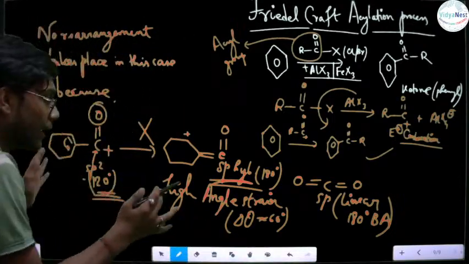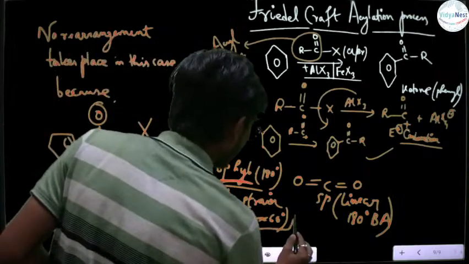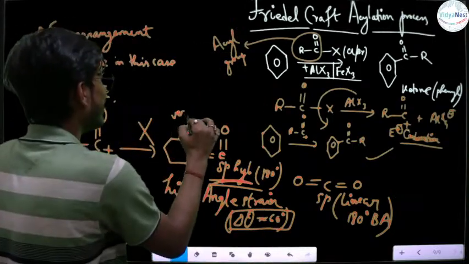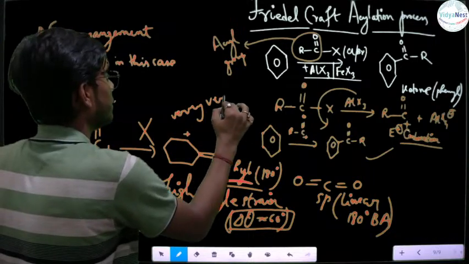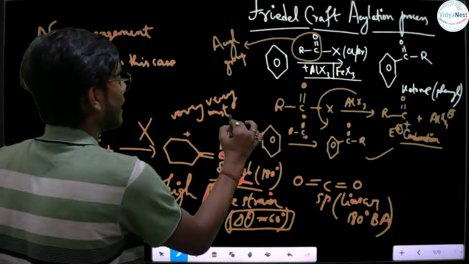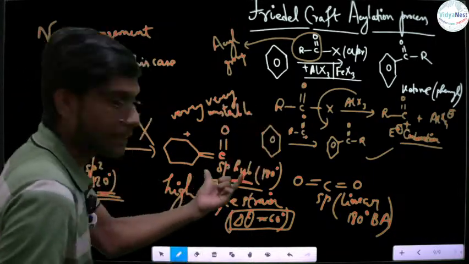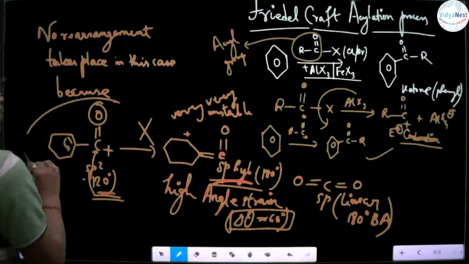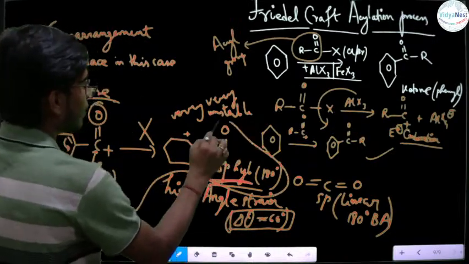So the delta theta is so high that this resonance structure is very, very unstable due to high angular strain at this particular site. Being so unstable, this cannot be feasible. So we cannot rearrange or resonate this particular carbocation.